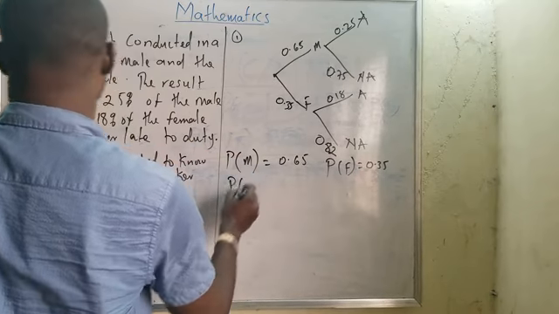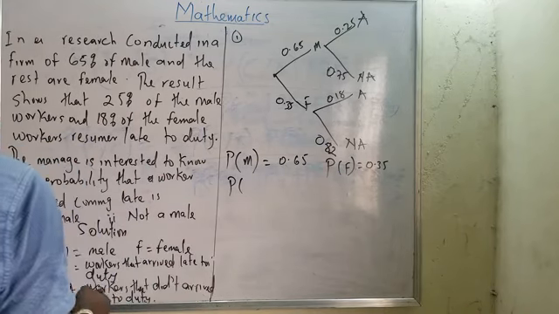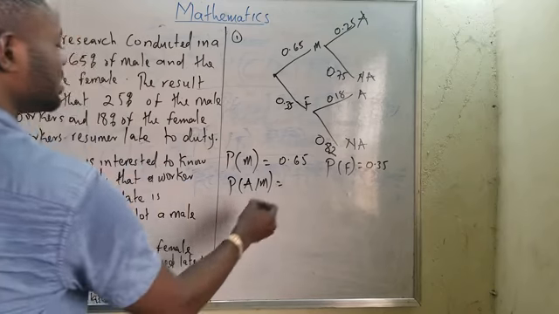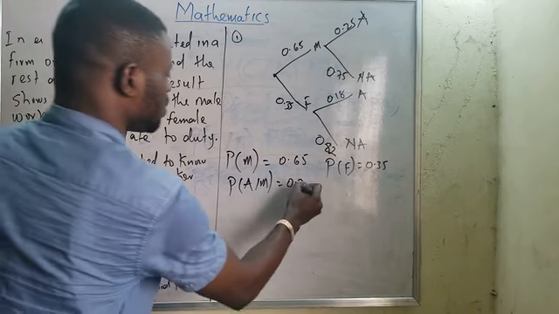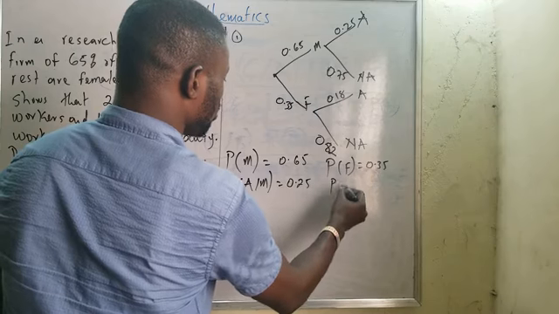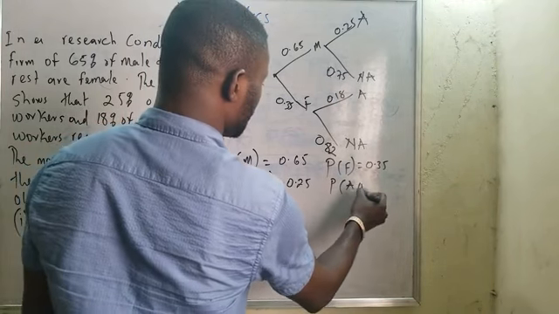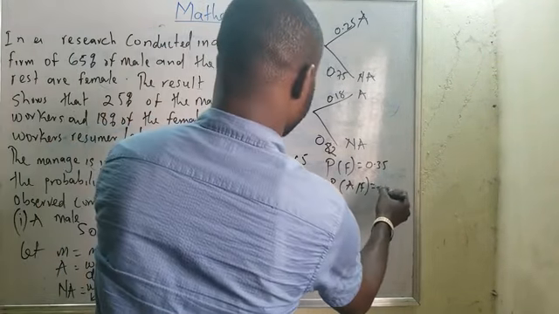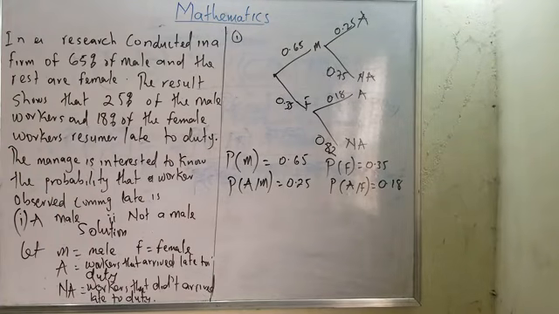Probability of A, which is arriving late, let me just denote arriving late as A. A of M would be 0.25. Now probability of A of F is also 0.18.